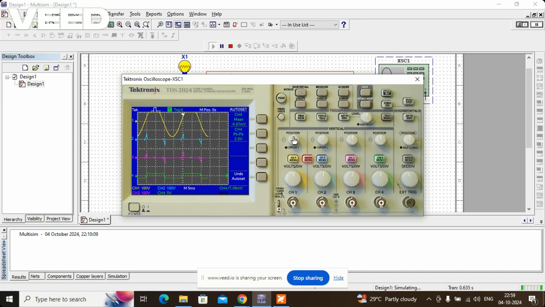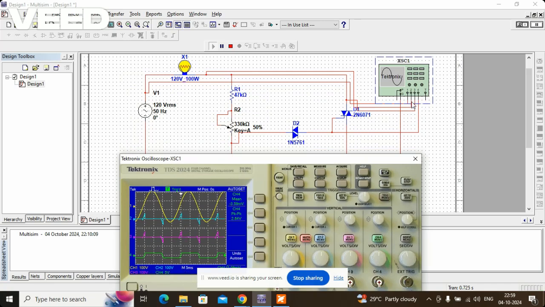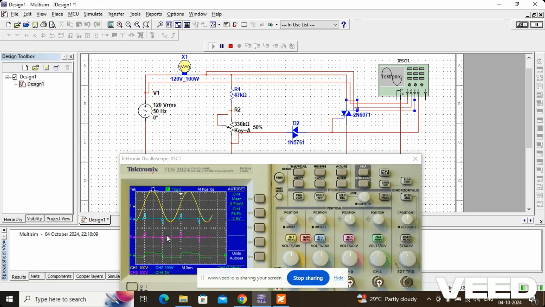And here you can see the complete input voltage. Channel 2 is the output voltage, and channel 3 is the thyristor voltage, as you can see, the positive as well as the negative.